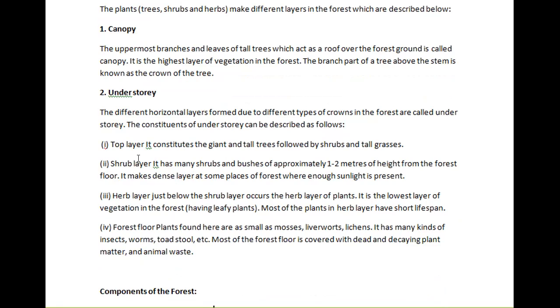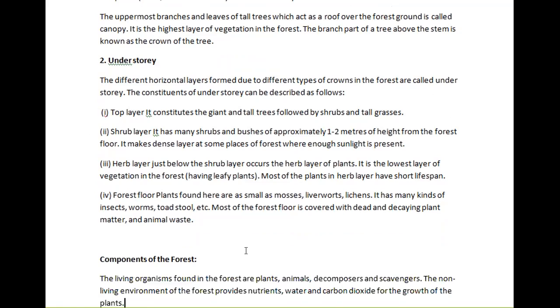If a tall tree makes the horizontal layer, it is called a top layer. If the layer is formed by shrubs, it is called a shrub layer. That is the bushes. On the forest floor, plants found here are small, such as mosses, liverworts, lichens, etc.